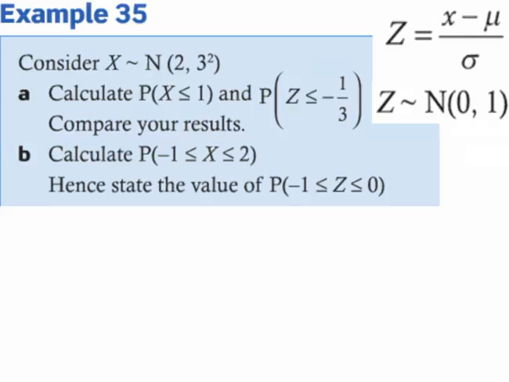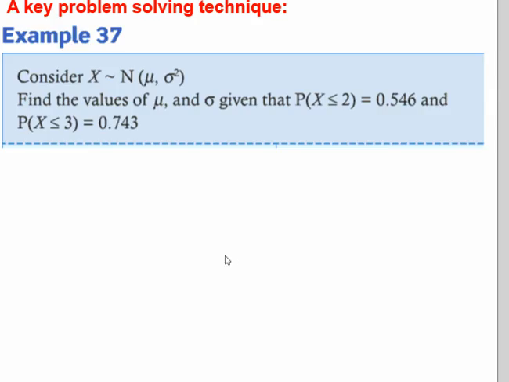Now, as an introduction to the next video, this is where the standardized normal variable gets really useful. So here we're given x is distributed normally mu sigma squared, and we have to find those values. We don't know either of them. We're just given these probabilities.